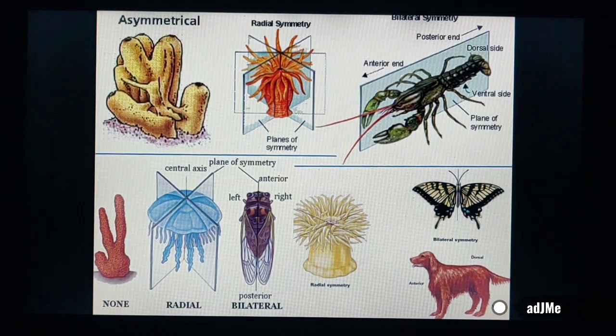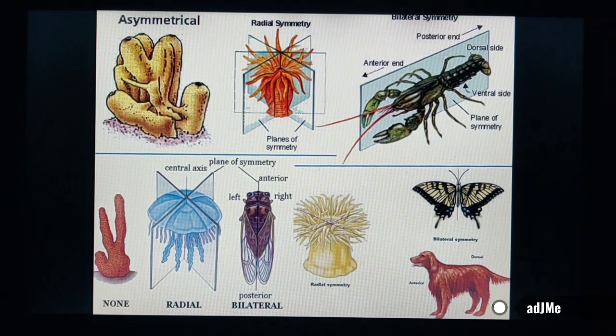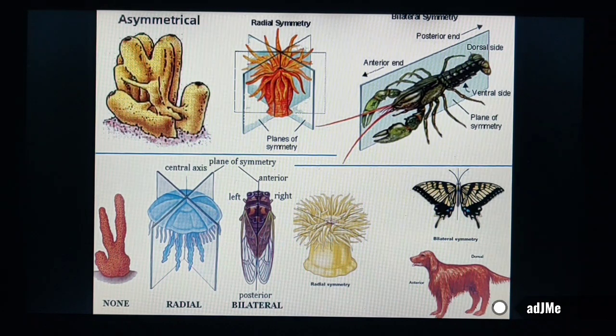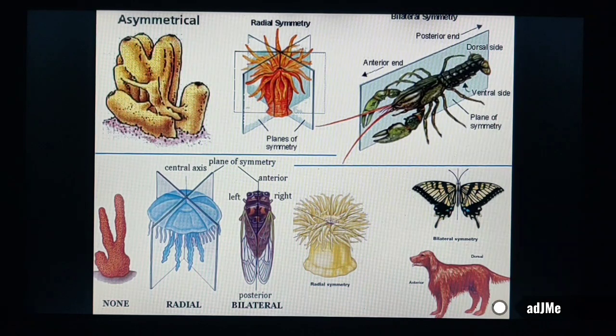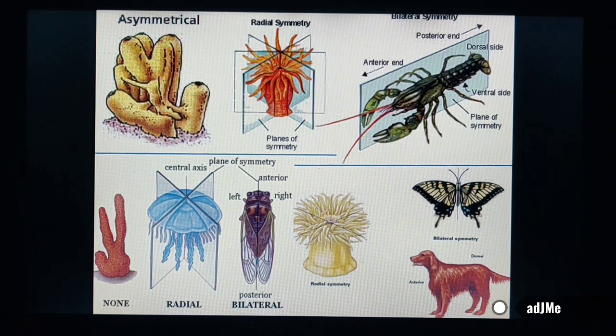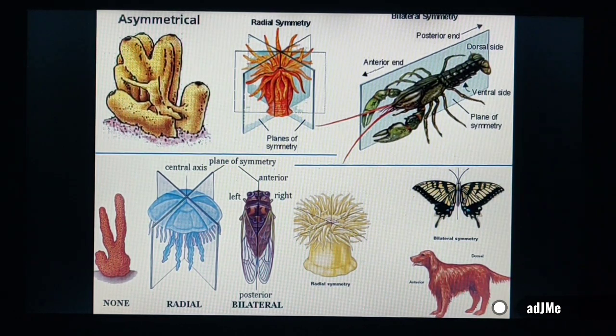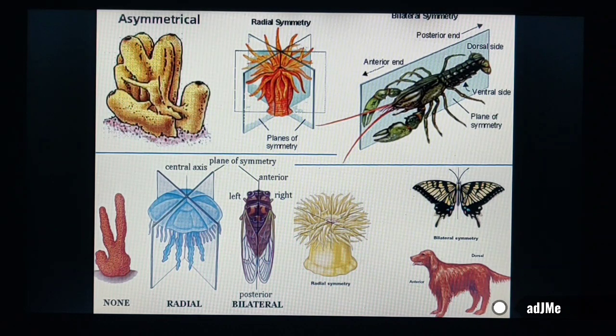So I have another picture here showing different examples. Let me start with the leftmost top corner. Asymmetry, sponges. We are going to learn about these animals later. Sponges are an example of asymmetry, where you cannot divide the animal into two equal halves.